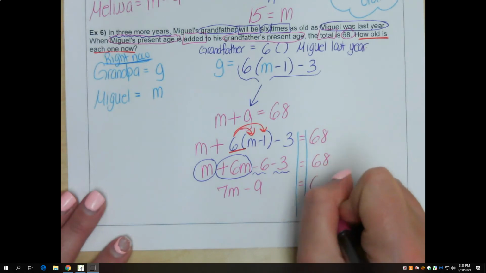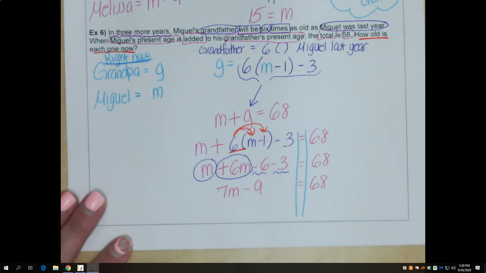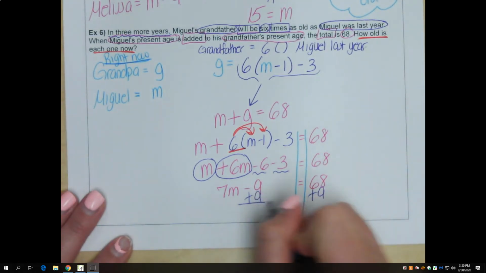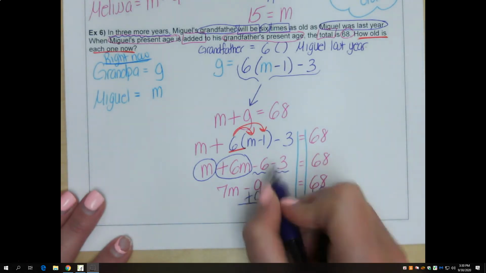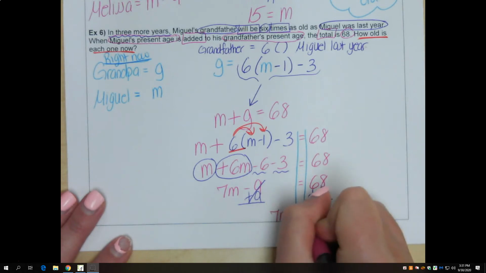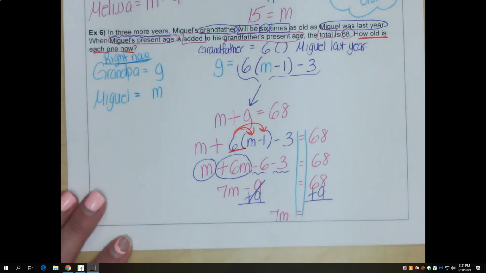And that's going to equal 68. And then 2 more steps. I'm going to combine my numbers so they're on one side. I have my variable on the left. That means I want to have my numbers on the right. So I'm going to change subtraction to addition. This cancels out. So now we have 7M equals 68 plus 9 is 77.